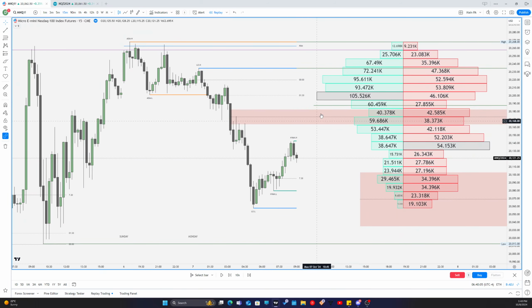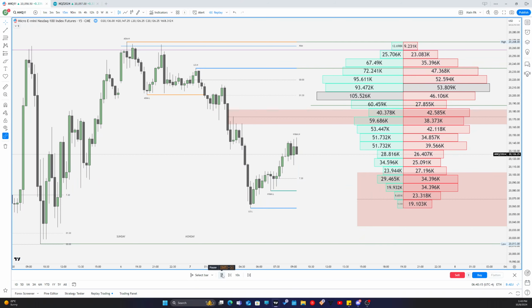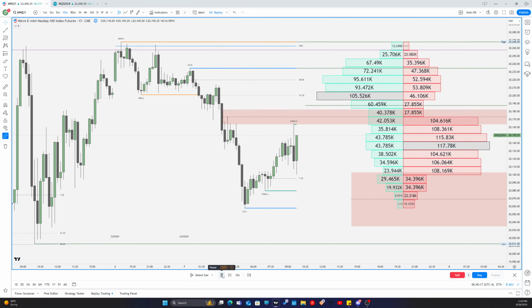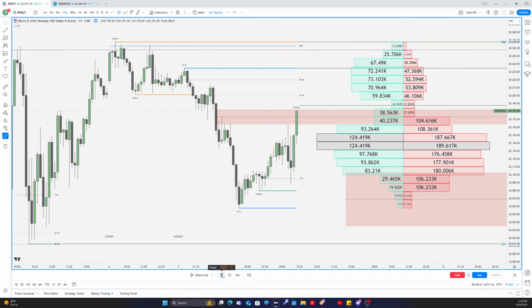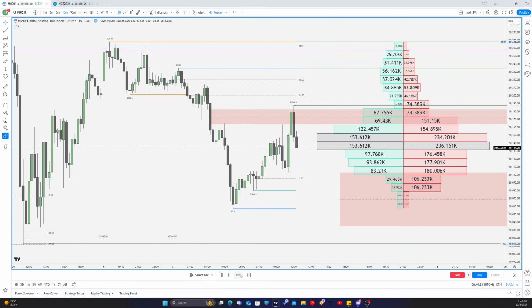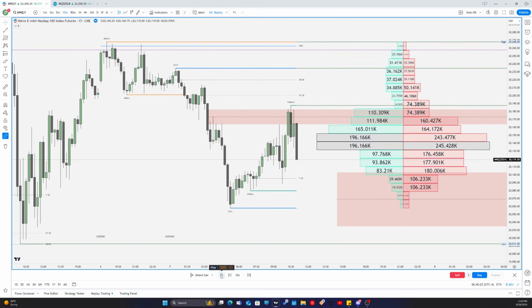So they push price up to unload. Where do they unload? In the areas with the highest volume. You've seen that. So that was the area with the highest volume, point of control.